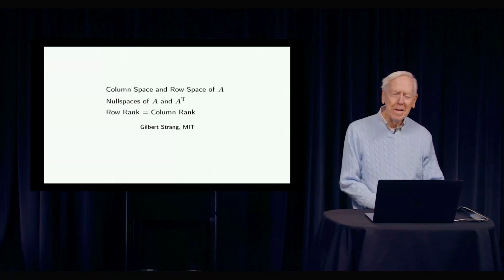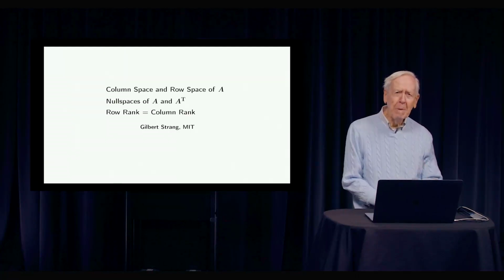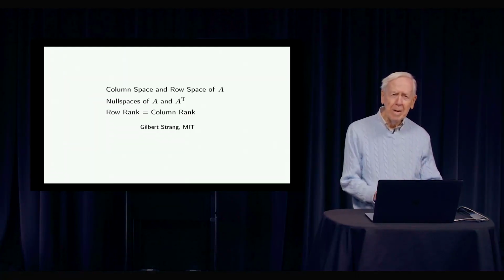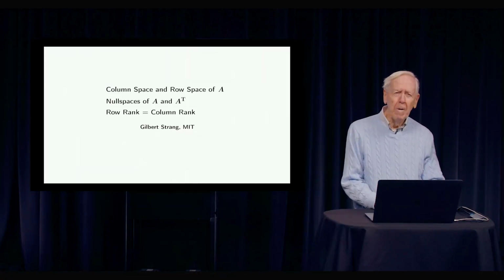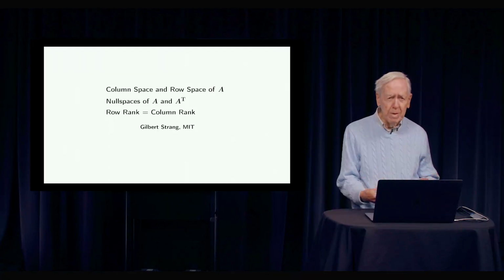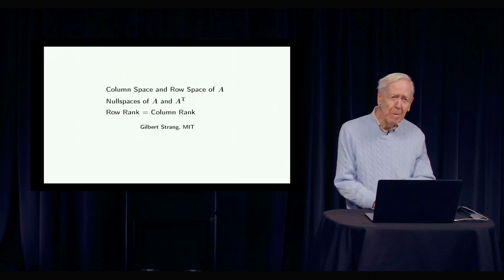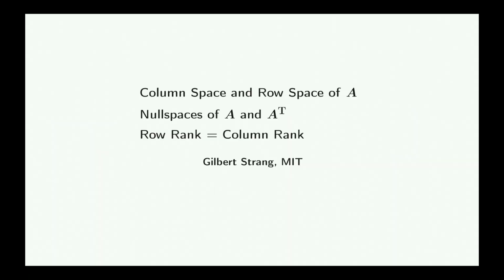Okay, this is a talk about one topic in the linear algebra book that people have appreciated, and that's the four fundamental subspaces. So in doing it, we'll understand better what a subspace is, and these four are associated with a matrix.